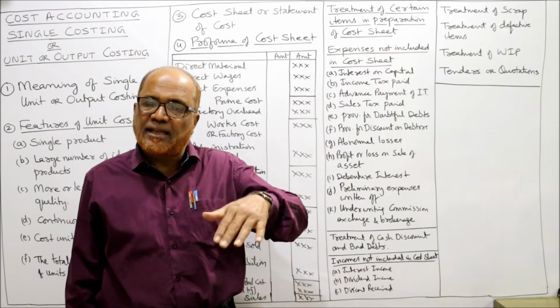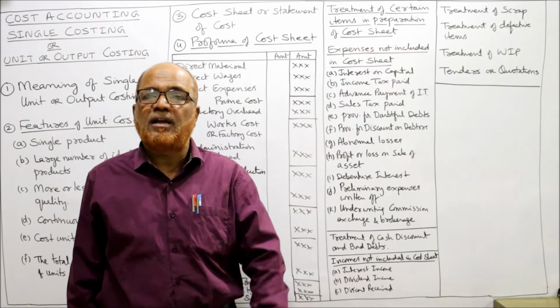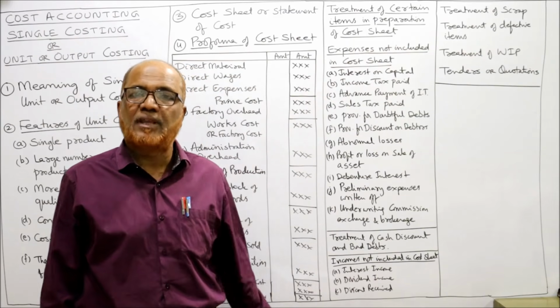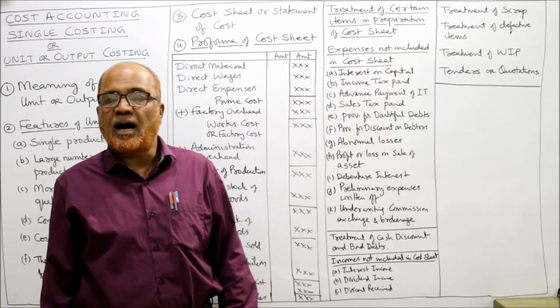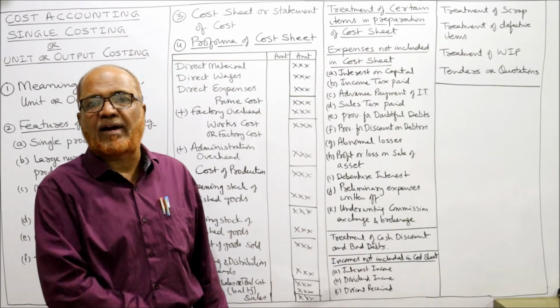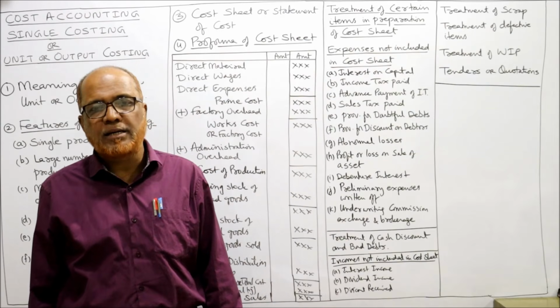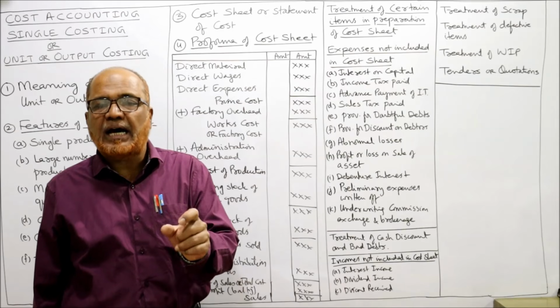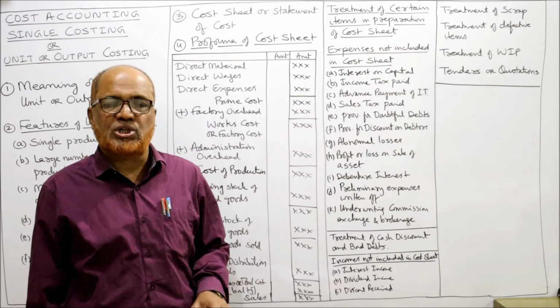So ये other incomes हैं, this will not be taken into account while making cost sheet except one income, that is sale of scrap. अगर sale of scrap है तो वो sale of scrap को हम डिडक्ट करेंगे फैक्ट्री ओवरहेड में से, right? Apart from sale of scrap, we are not going to take any other income in cost sheet.